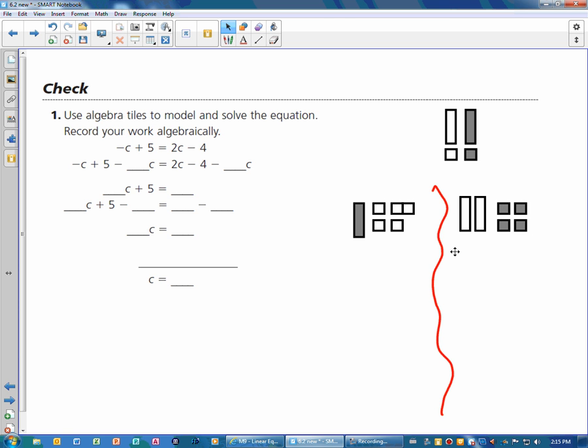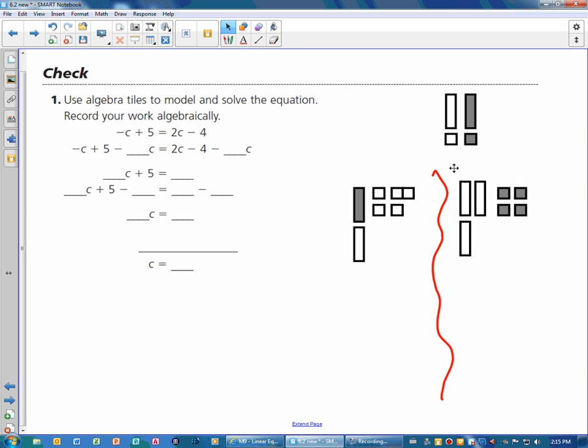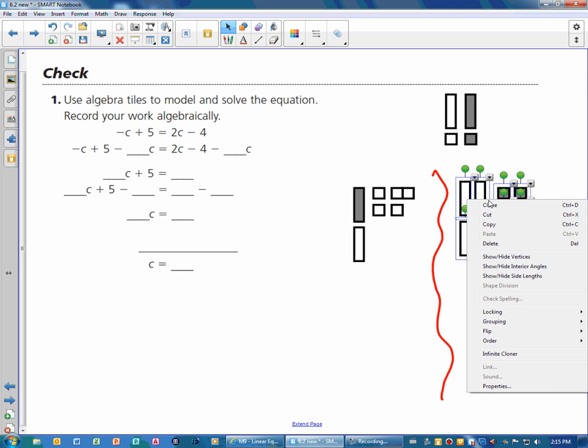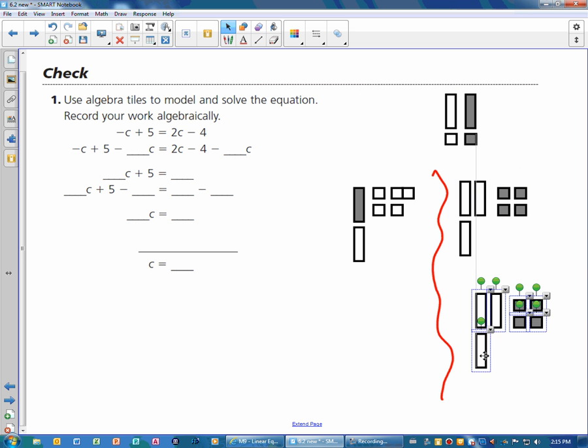Now, it'd probably be easier to get rid of this one, to get rid of these 2. So what have they done here? Yeah, that's what they've done as well. So in order to get rid of this negative one, add a positive, because that makes a 0 pair. If I do it to one side, I have to do it to the other. So my next picture will look like this.